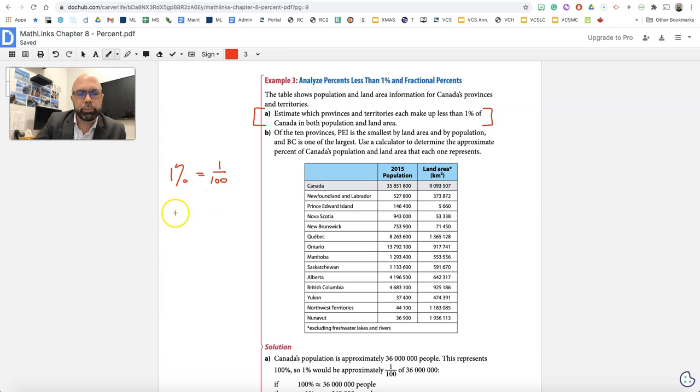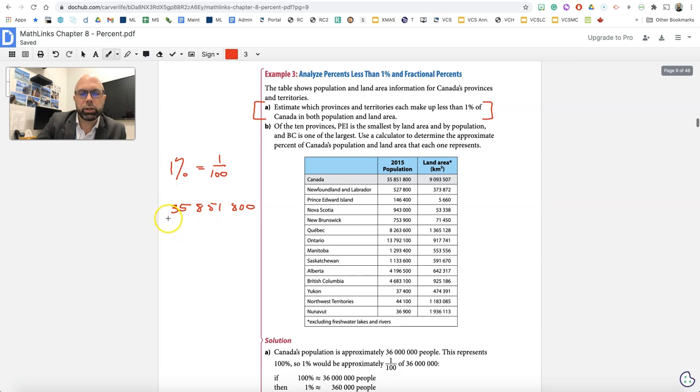We can find that if we type it into our calculator. Before I show you the answer, I just want to show you a trick as well. 38,851,800.